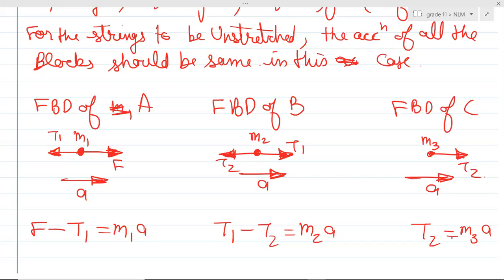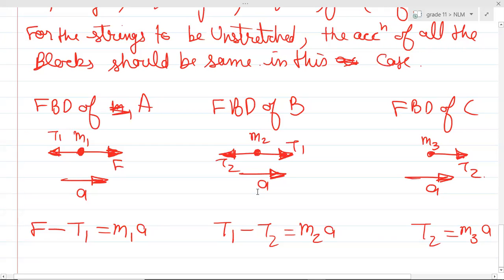We made this equation according to the FBD of B part. Since the object was accelerating towards right, T1 has to be greater than T2. Hence T1 minus T2 is the net force, as it is equal to mass multiplied by acceleration.